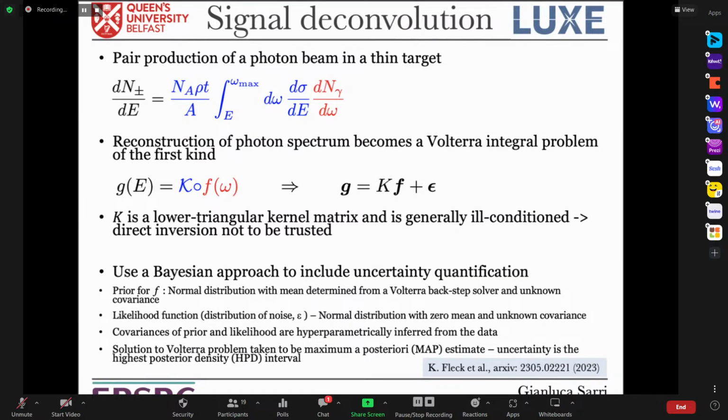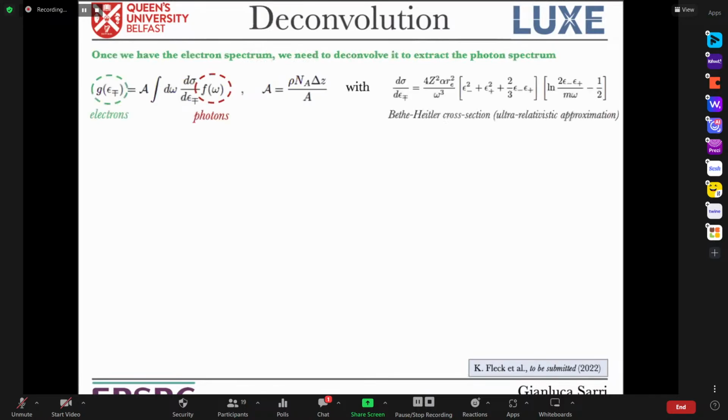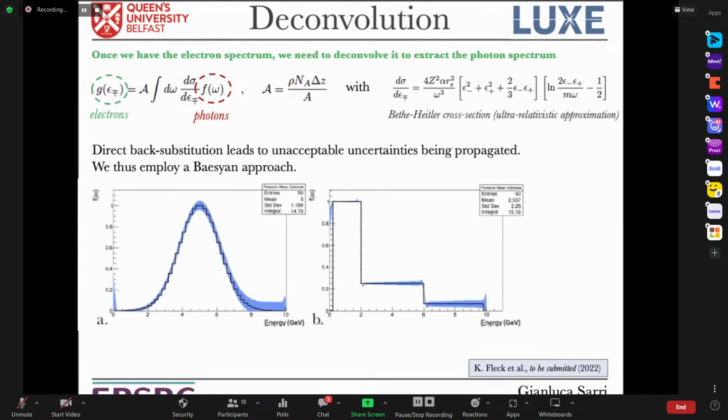So instead, we used a Bayesian approach that basically tries to invert globally the relation. And here are some examples, some numerical modeling of what it looks like and how it performs if you assume a Gaussian photon beam or a step-like photon beam spectrum.